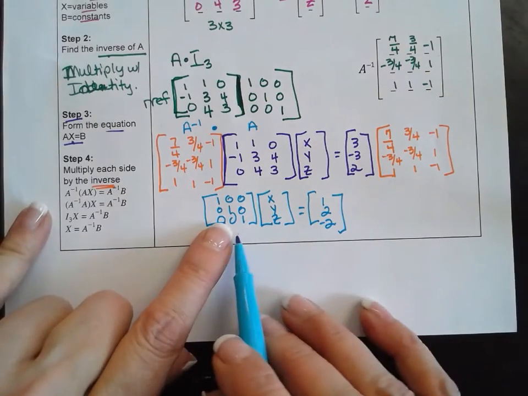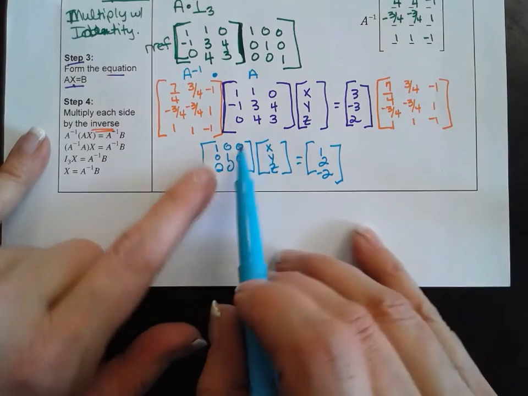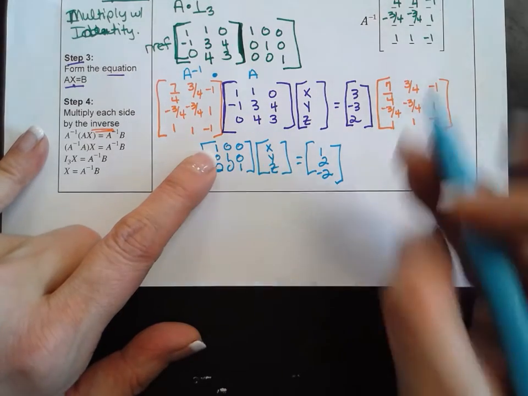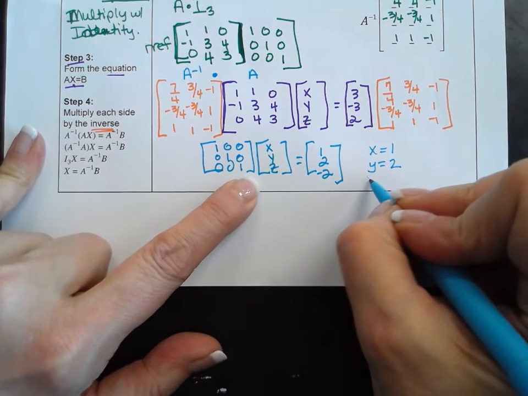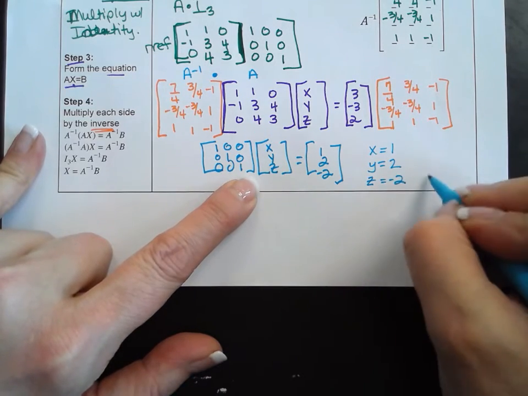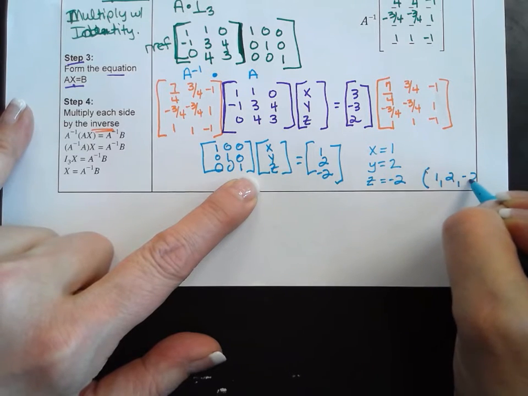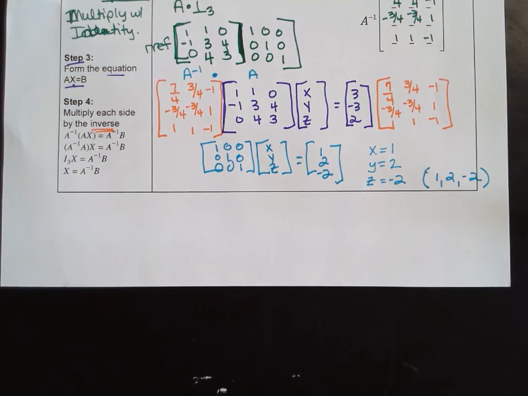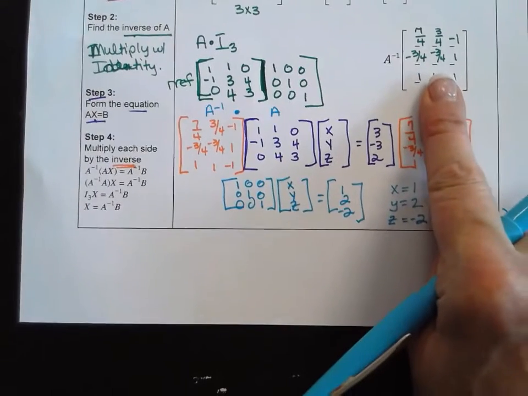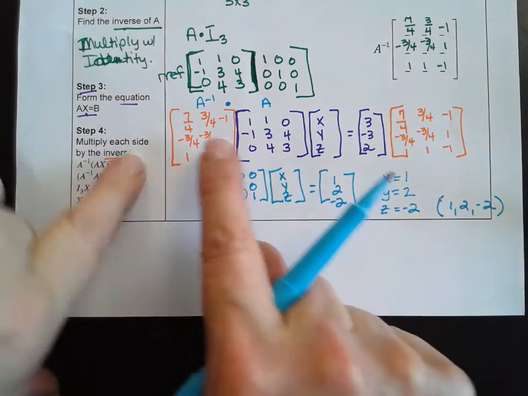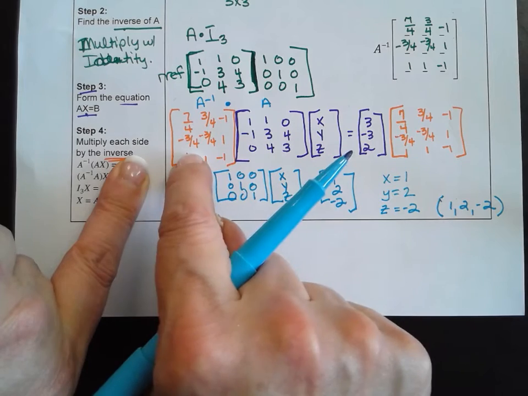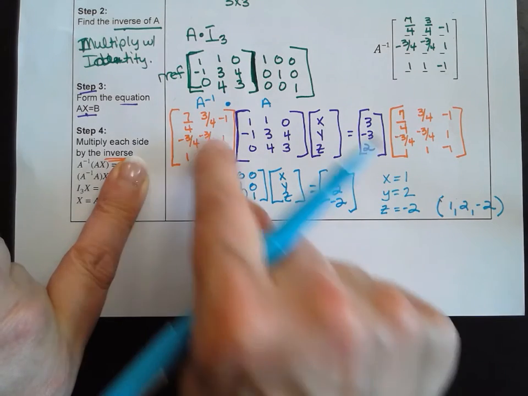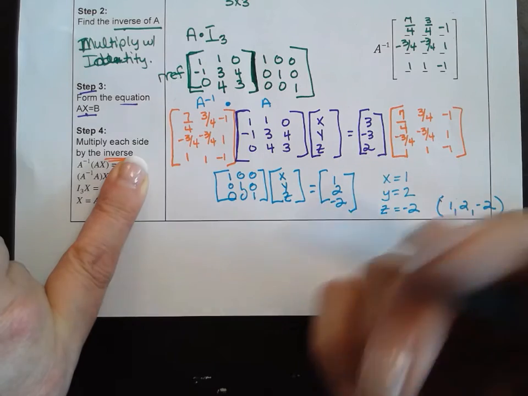So now when I look at my equation, I can say, hey, 1x equals 1. So x is equal to 1, y is equal to 2, and z is equal to -2. So my ordered pair is 1, 2, -2. Now, if you do the inverse correctly, as long as you know that the whole purpose of doing the inverse is that you're going to get these ones, you don't technically have to multiply it out.